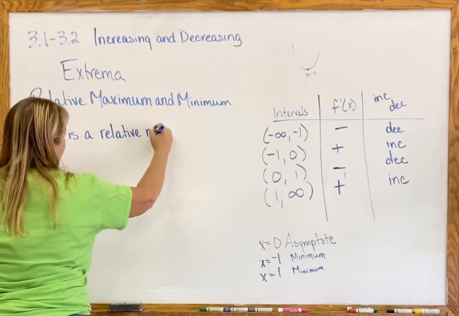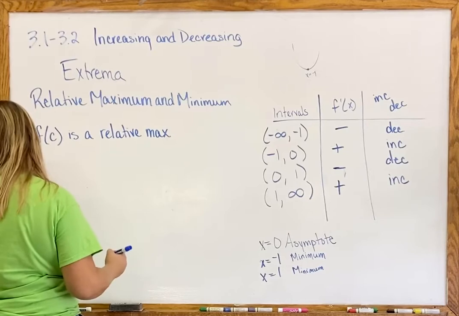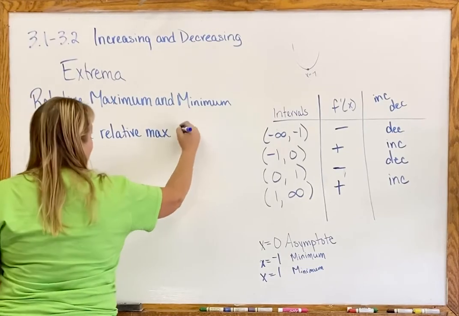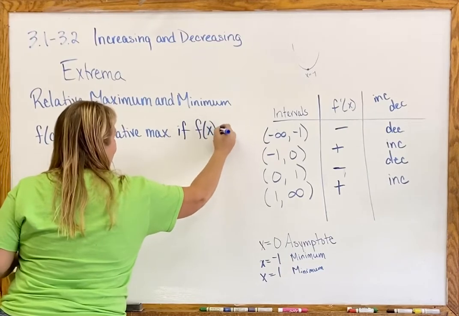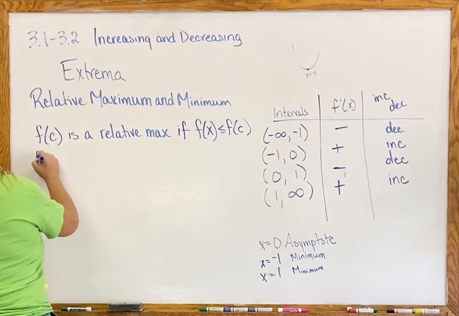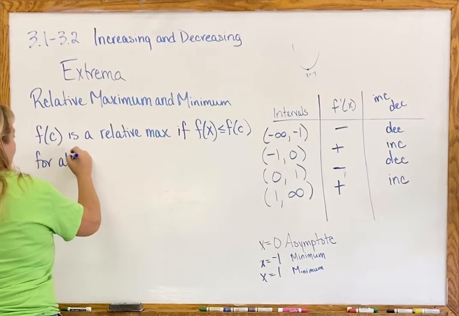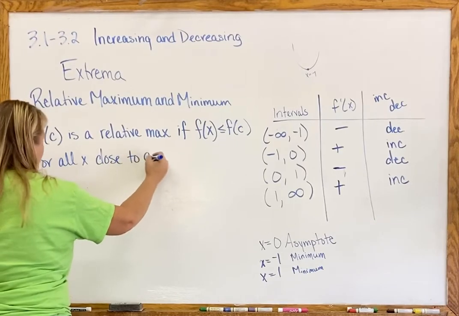Let's just be honest, I am not going to write out maximum next time, so hopefully a relative max will work for everybody. So f of c is a relative max if f of x is less than or equal to f of c for all x close to c.